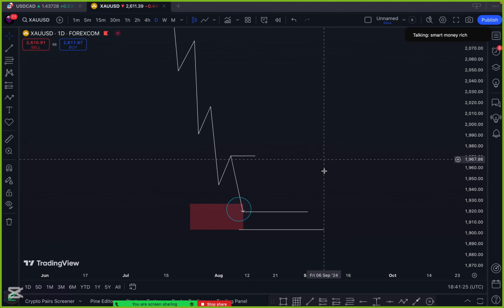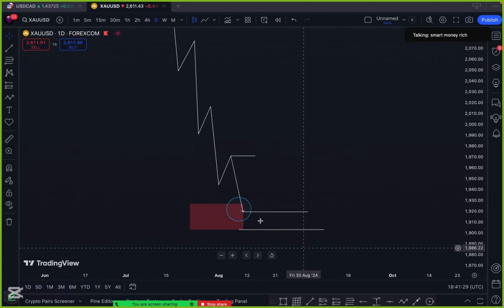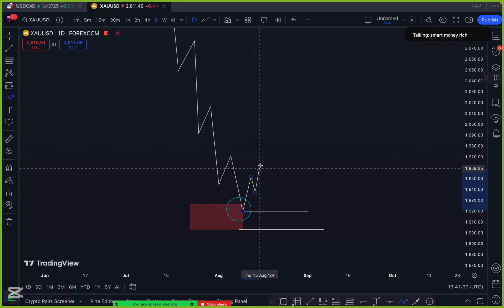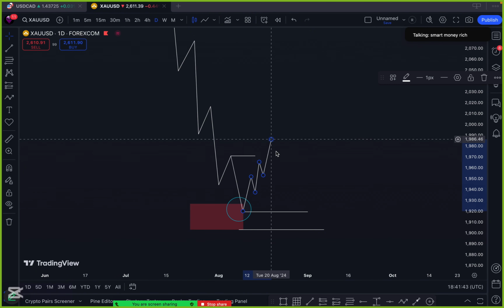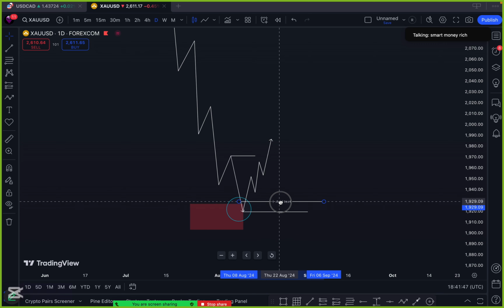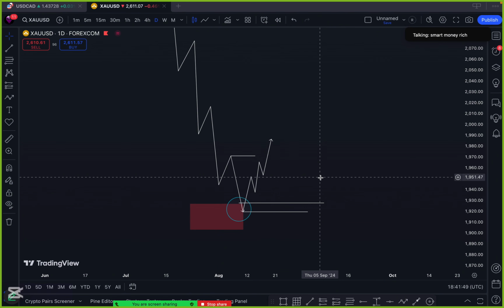You understand? So what they usually do in this case is this. They will start to close their positions once their order has been taken and the market starts to move in their favor. They will now begin to do what? Close their positions. Once they start to close their positions, they will now move their stop loss into profit.